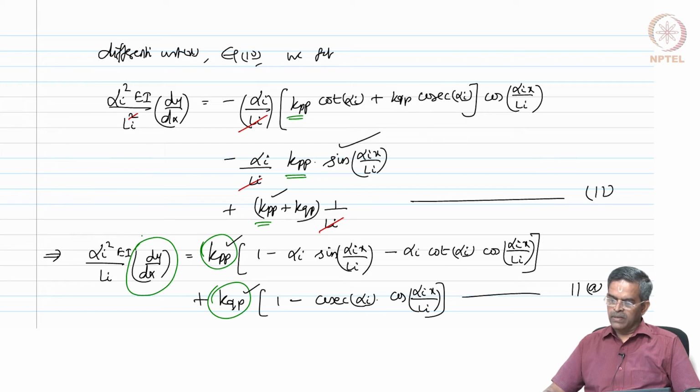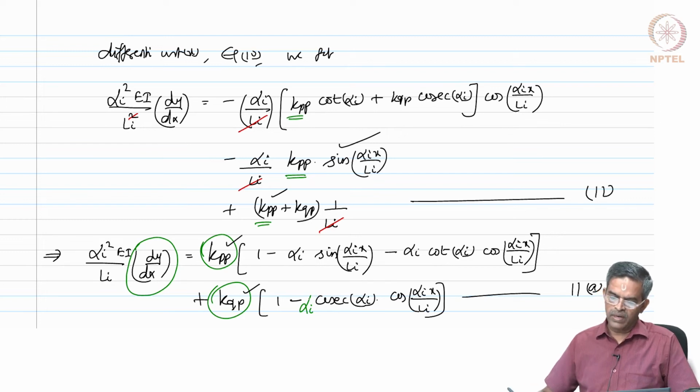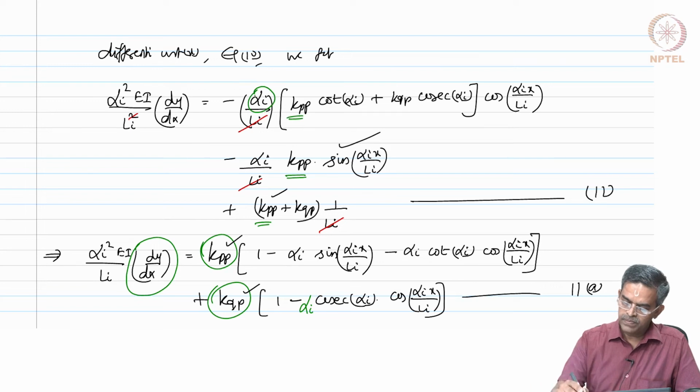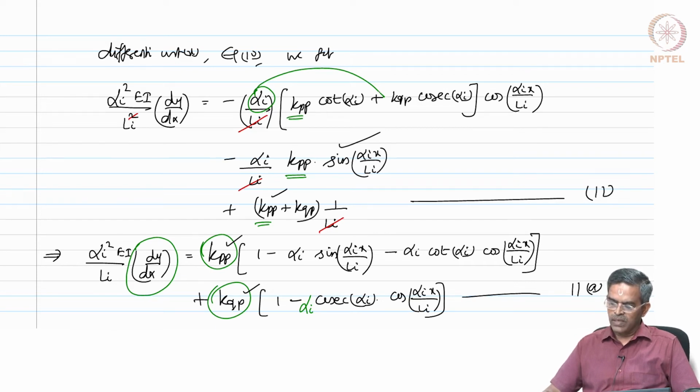There is a term here where we should say alpha I; that is missing. Please note alpha I cosecant alpha I, because this alpha I will get multiplied, no? So, cosecant alpha I and so on.